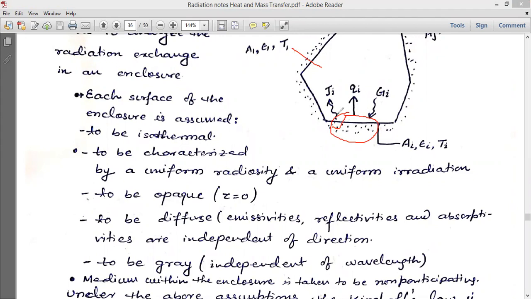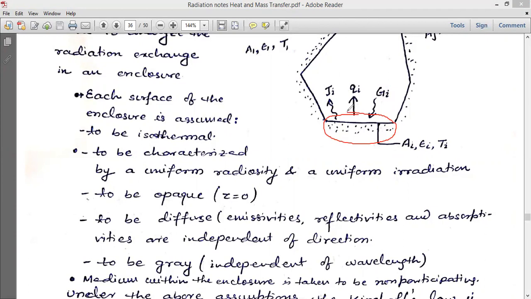Also, each surface is characterized by uniform radiosity as well as uniform irradiation. That means each surface has constant radiosity Ji and constant irradiation Gi, or Jj, Gj, or Jn, Gn. Also, each surface is assumed to be diffuse. What does diffuse mean?